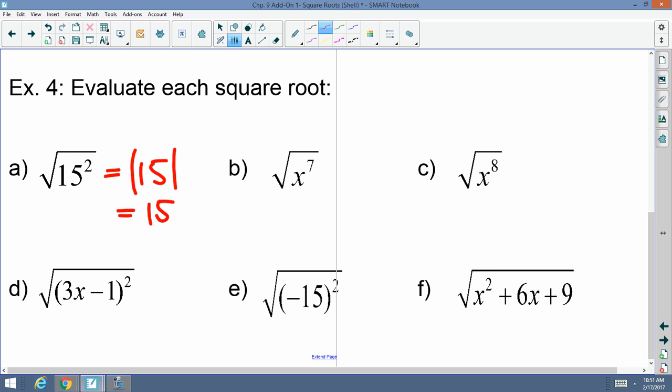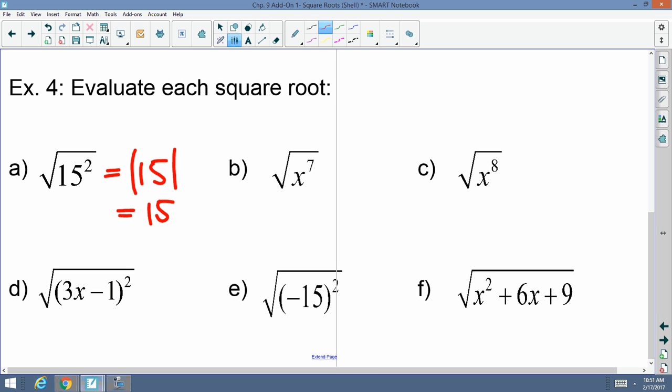I have a square root of x to the 7th. Okay, here's where the magic starts. What is my index of a square root, y'all? 2. Now, pay attention, brothers. How many times can 2 go into 7 evenly, guys? 3. So think about this. Let me know if this makes sense to you. Does that not mean that I took out 3 sets of 2 x's?